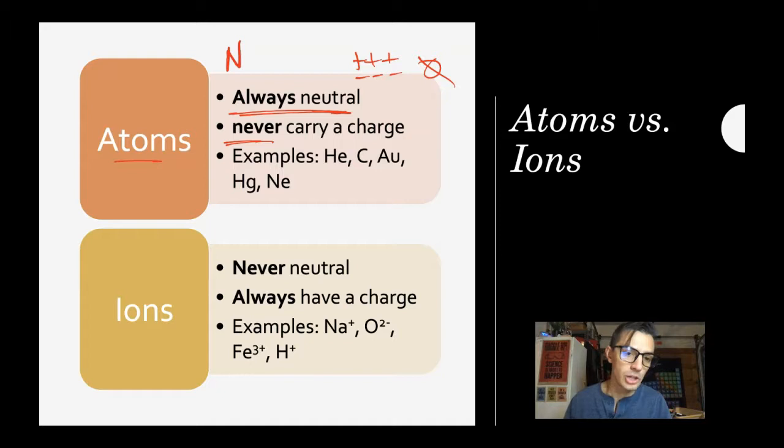But if it has a charge on it, like this, then you know that it is actually an ion of nitrogen. Ions are never neutral, and they always have a charge. So you've got some examples here of some charged particles, along with the uncharged versions over here.